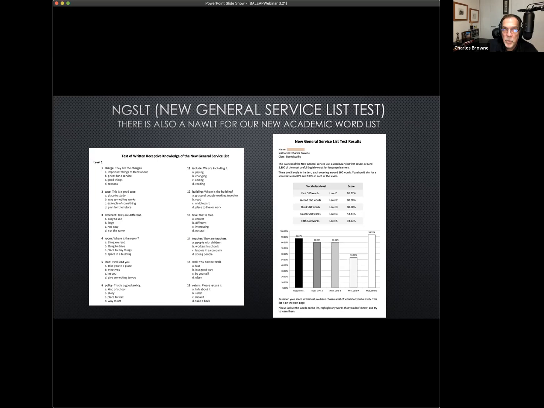GSL level 4 is about the 2,000-word level, maybe 1,800 to 2,300 words. The test then leads the students to online flashcards at exactly that level so they can study just the level 4 words. So the test is like a diagnostic or placement test, and diagnostic and placement tests have similar functions: it helps you to identify where they're weakest.